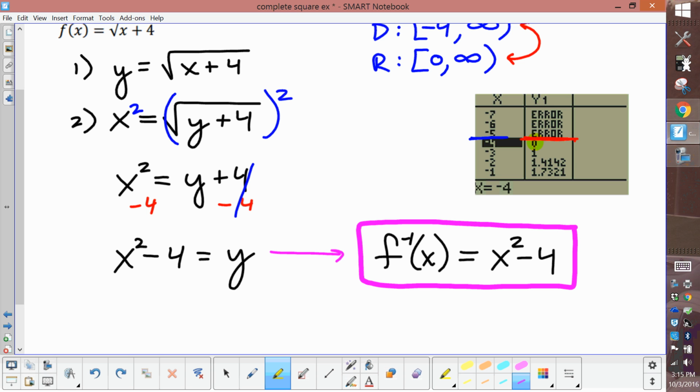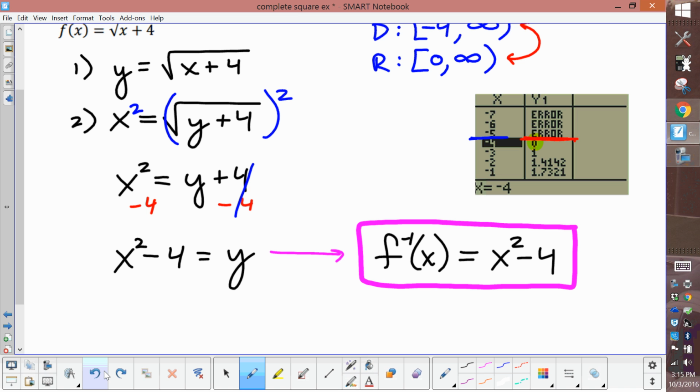Okay, so for example, if I were to plug a -4 into my original equation, I would get -4 plus 4 is 0, and the square root of 0 is 0. And I would see it right here on the table.